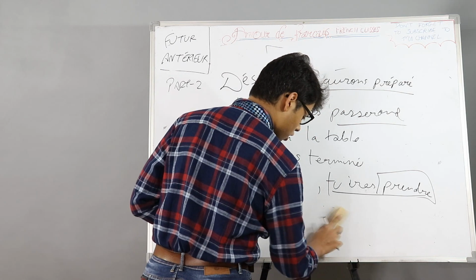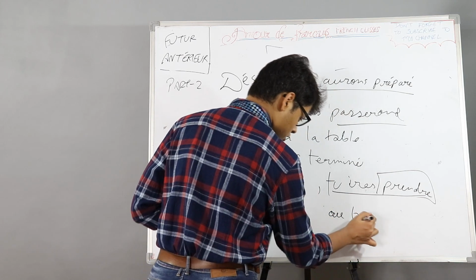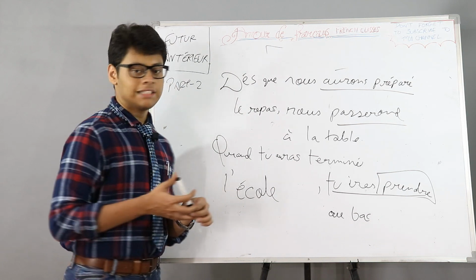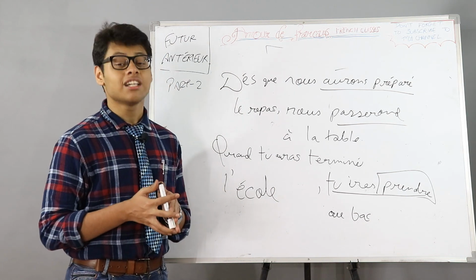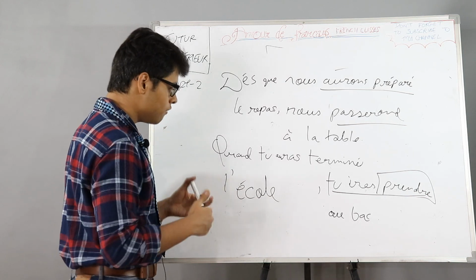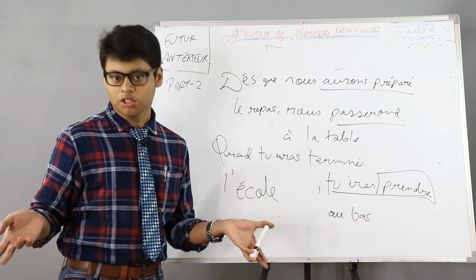"au bac." Bac is baccalaureate in French. Baccalaureate is the same as a bachelor's degree. That's the graduation degree in French. So "quand tu auras", first school will finish, then you will go for your bac. That's the graduation.